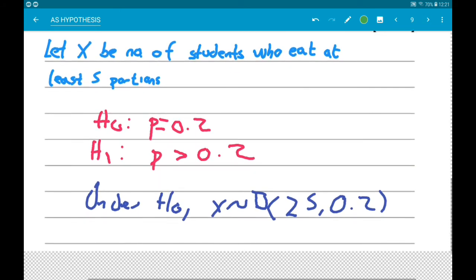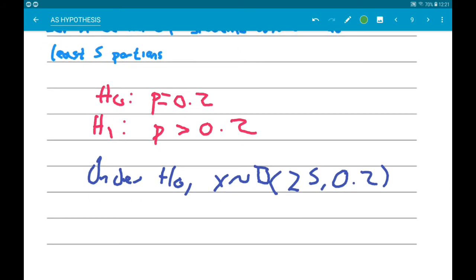So we want to find the probability that X was greater than or equal to 8. So, if this probability is more than 5%, we reject H1. If it's less than 5%, we accept H1.